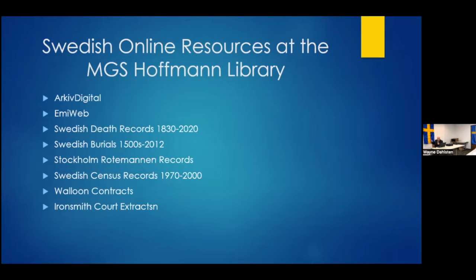In addition to those, we have a collection of Walloon contracts. Walloons were miners who came from Wallonia, down in the Belgian area, French-speaking people who came to Sweden in the 15 and 1600s. Genealogists tend to find it kind of prestigious to have Walloons in your ancestry, and they had a lot of kids. So if you came from the middle part of Sweden, you probably have Walloons in your ancestry.